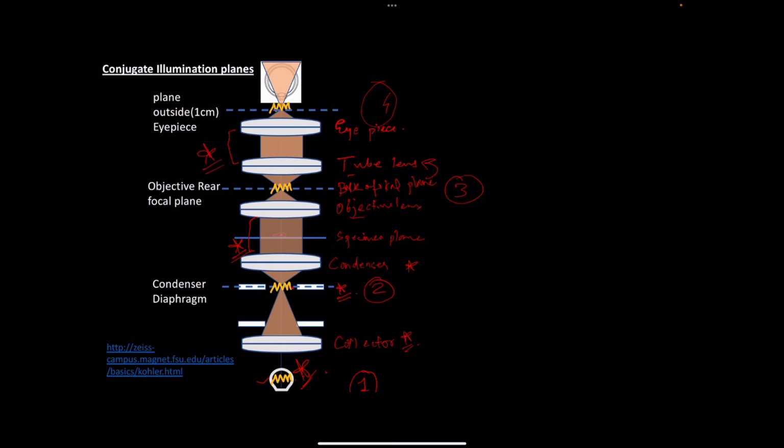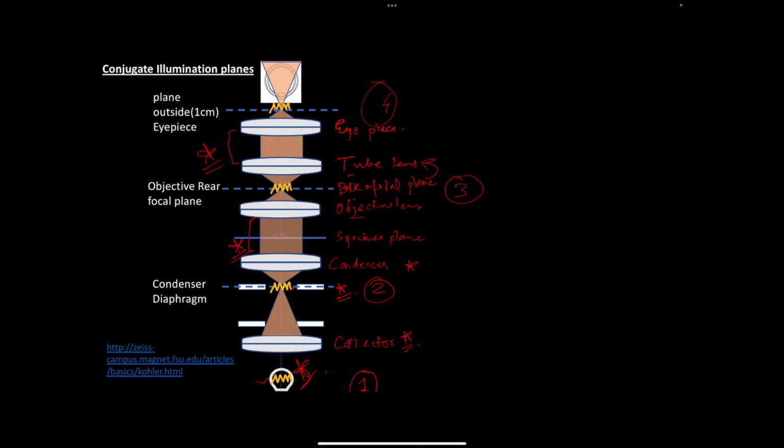Now, let me summarize this entire process again, because it's very important to understand before you move on to the other set of conjugate planes. We know why we need a condenser lens and a collector lens separately. Why do we need that?